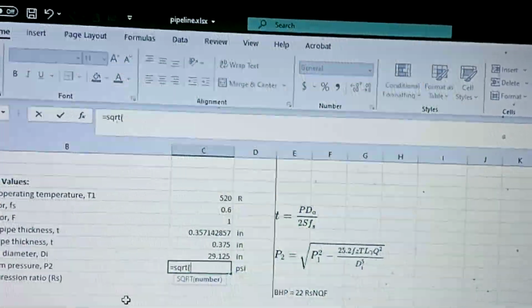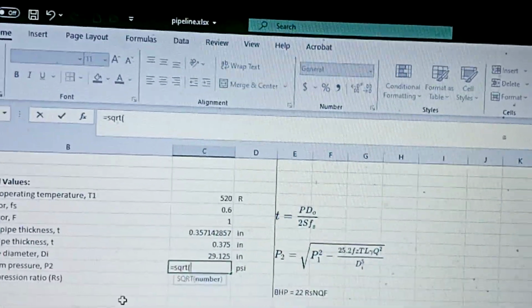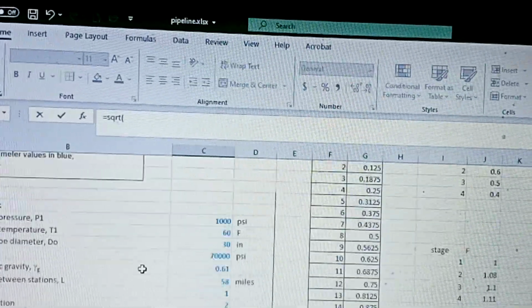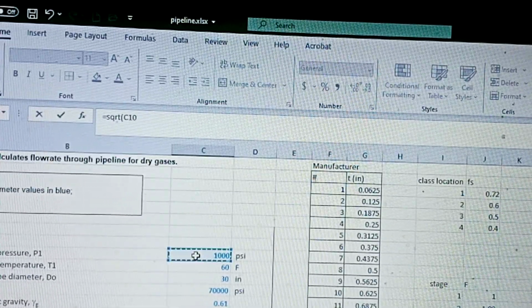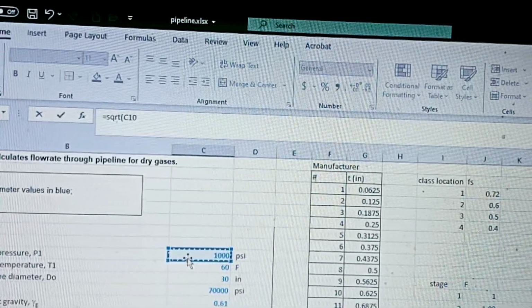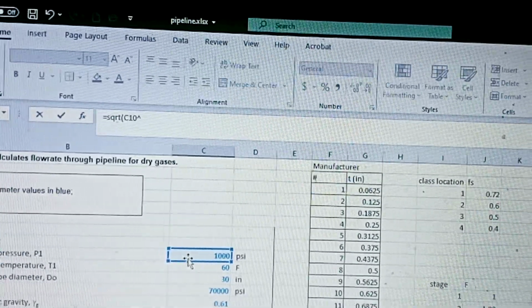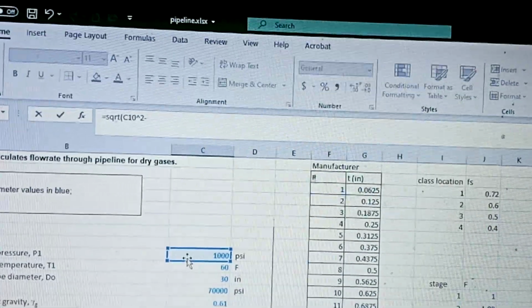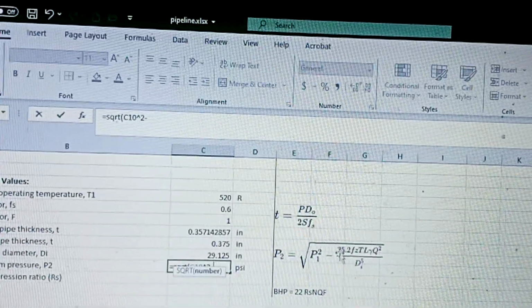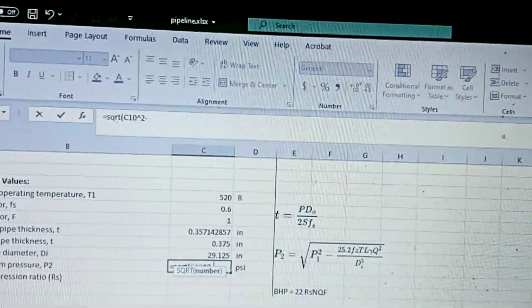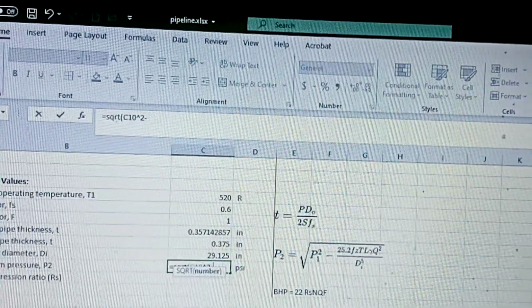I open the bracket. P1 squared. P1, that's the maximum operating pressure. I click on that. Shift 6 to power 2, minus. Let me put everything there in the bracket because it's a long thing.